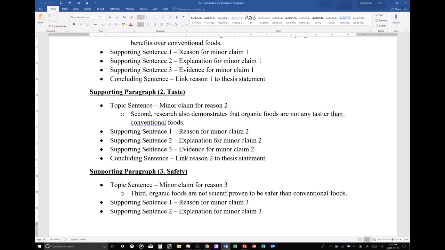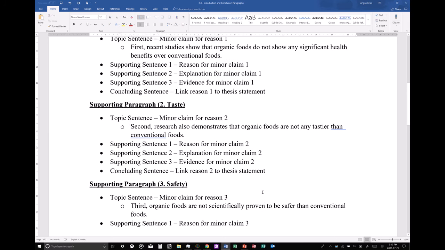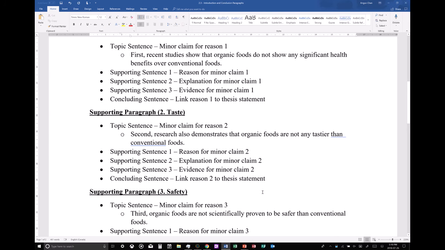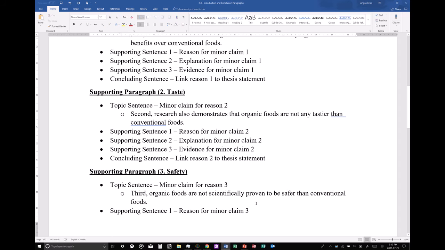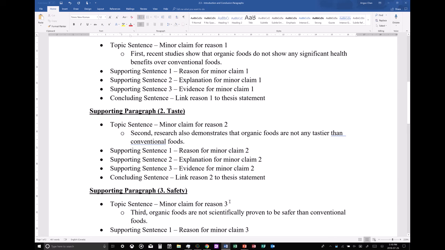So that is my way of relating the sentence to research, scientifically proven, to be safer than conventional foods.